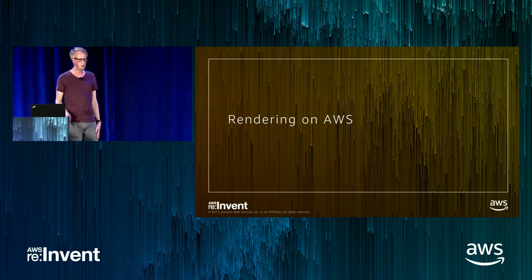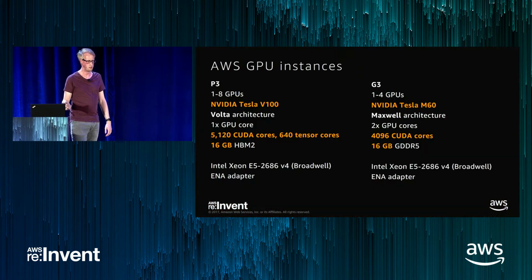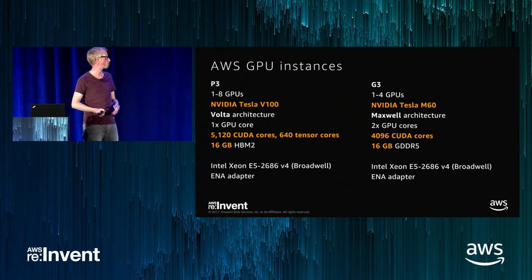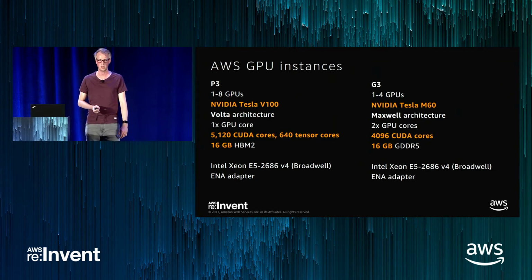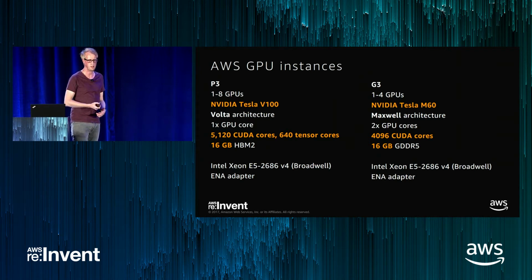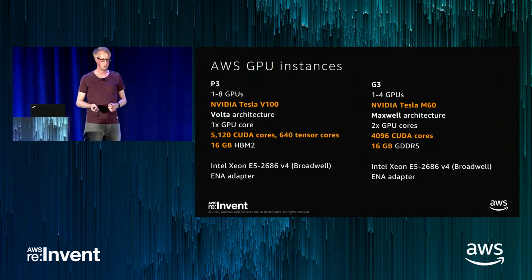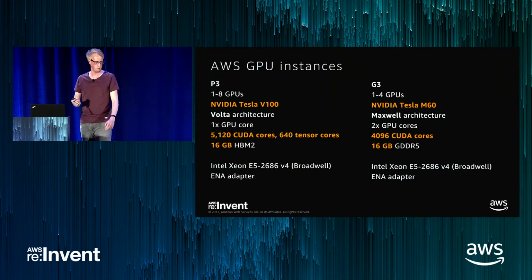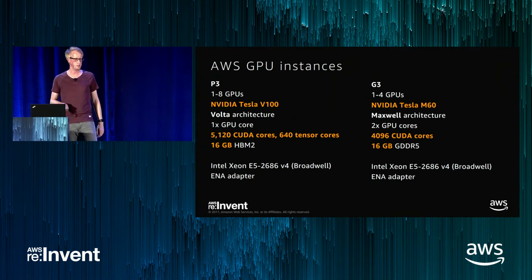So how do you do this on AWS then? What we offer is GPU instances. We offer the P3 instance family and the G3 instance family. The P3 is based on the Volta architecture, so that's the latest and greatest coming out of NVIDIA. And then there's also the G3 instances, and you'll see in a couple minutes why there's a difference.